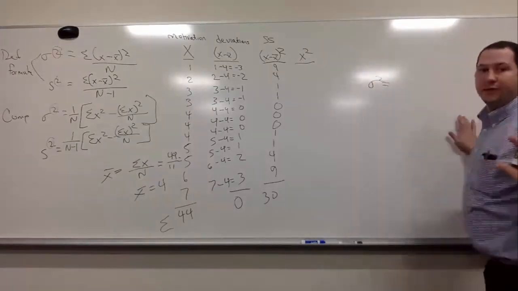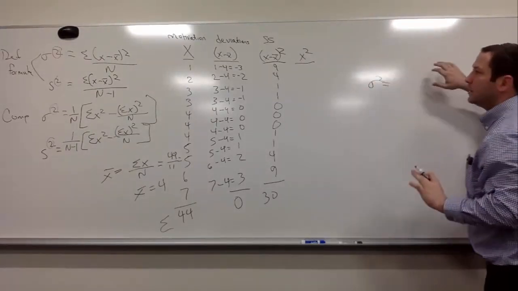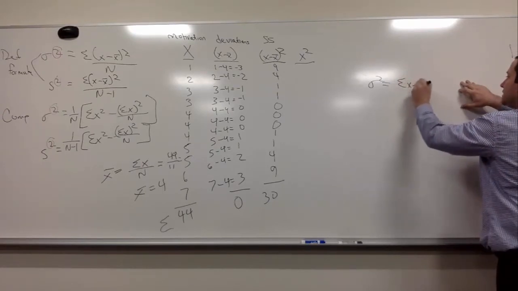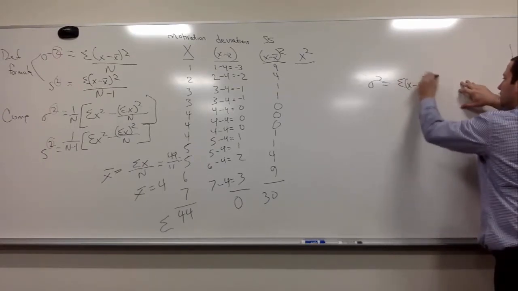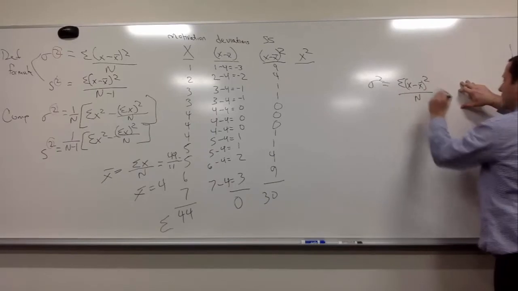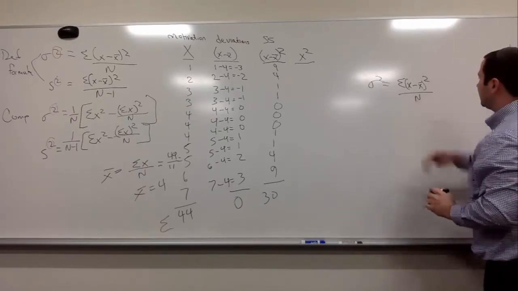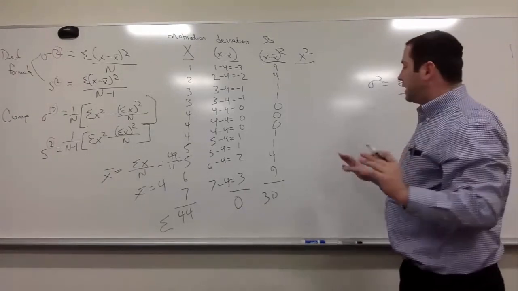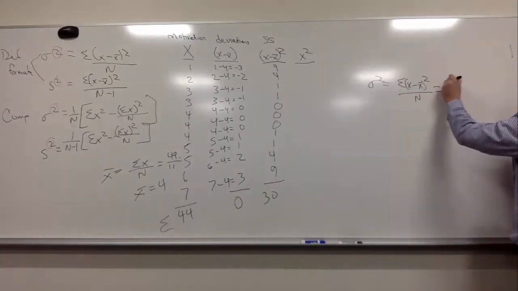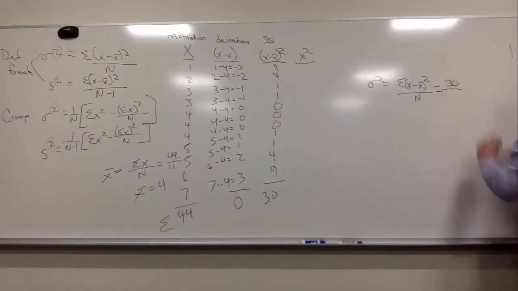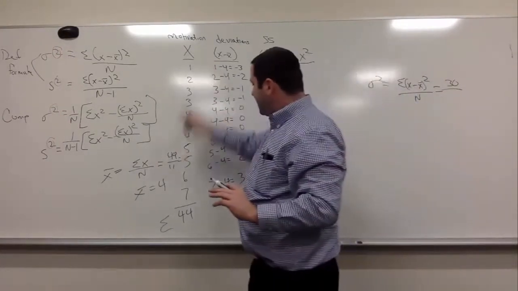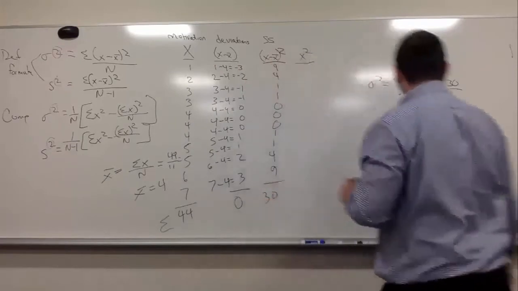Here's the same formula, I'm just working over here, the sum of x minus x bar squared over n. Now, what was the sum of x minus x bar squared? It was 30. And the n, what was the n? The n was still 11.